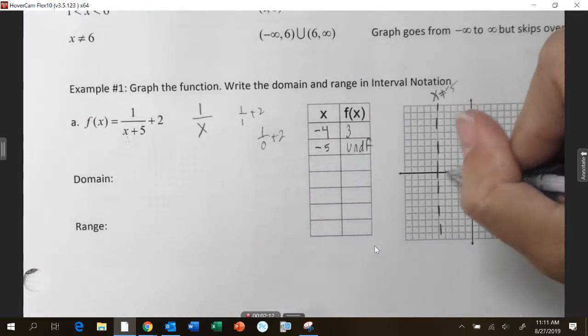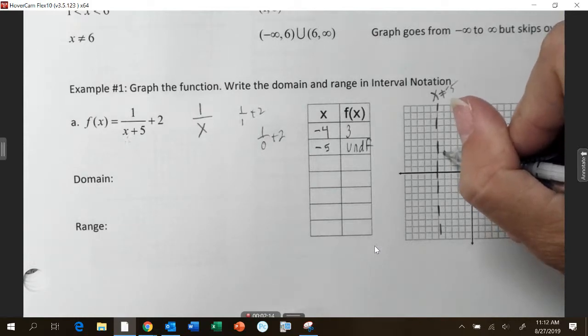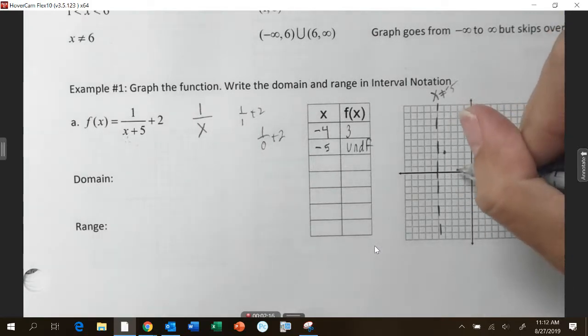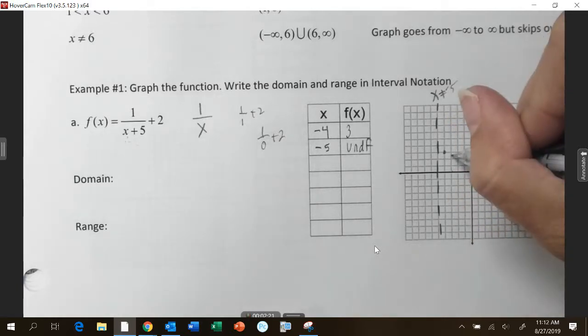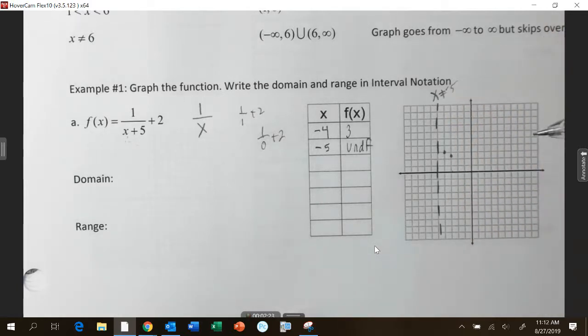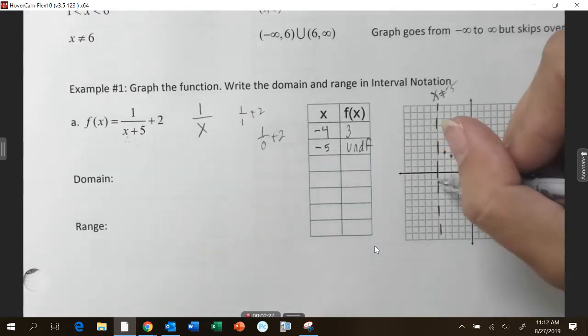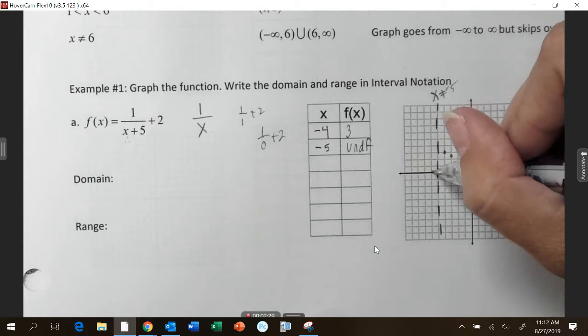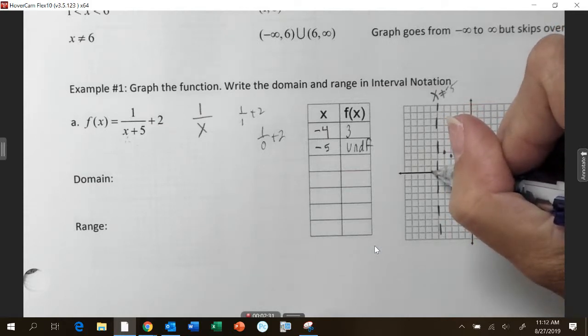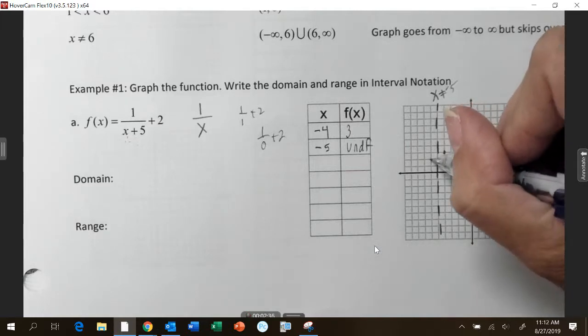-4, 3 was one of them. And if you're plugging in numbers, you might have gotten, I'm trying to remember what it was, -3, I think it's like 2.5. And then -6 was, is it 2?